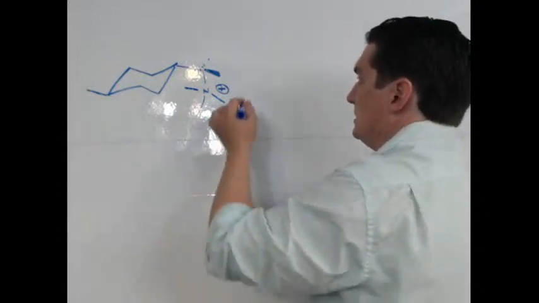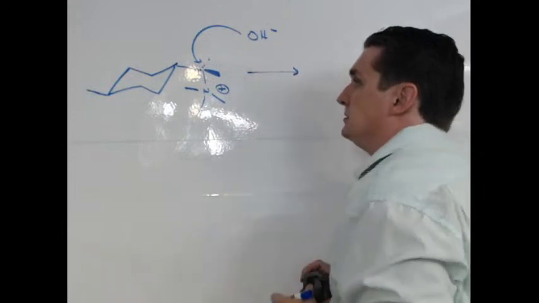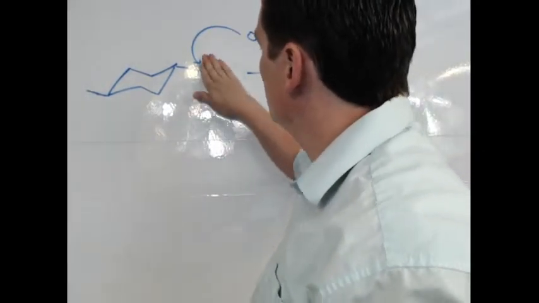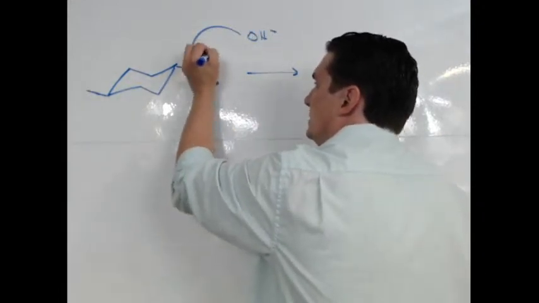We've got hydroxide. This is going to go through nucleophilic attack. It's going to get us an inversion. So instead of these being up, we expect these to be down and the OH to be up.